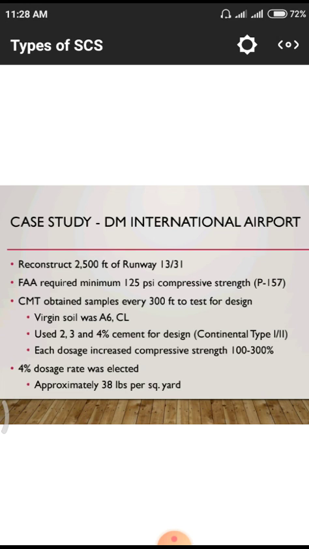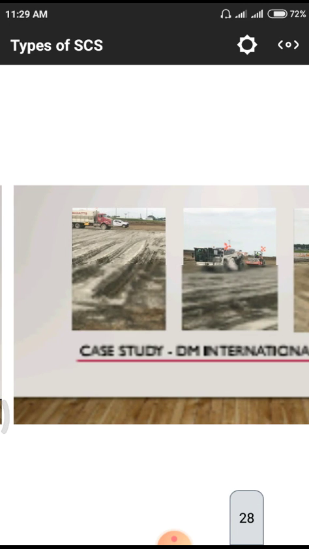Third case they are getting 5 to 10%. Fourth case more than 15% of cement is required. Likewise here also they are using 2, 3, 4% of cement content in the soil. Next one, 4% dosage rate was selected, approximately 38 pounds per square yard they obtained.